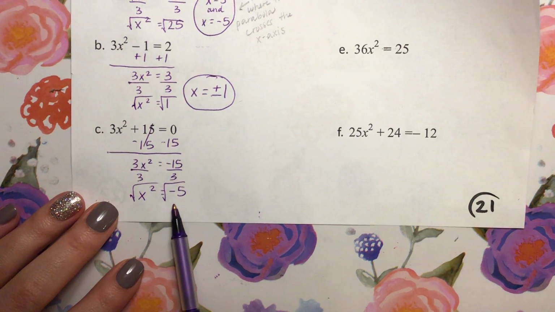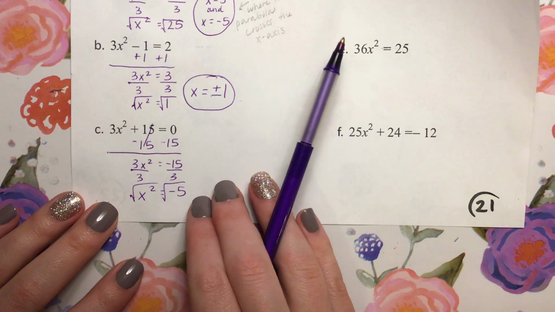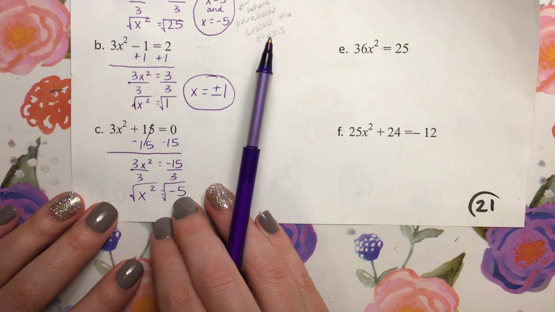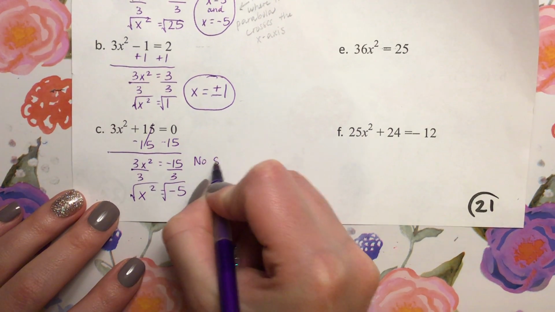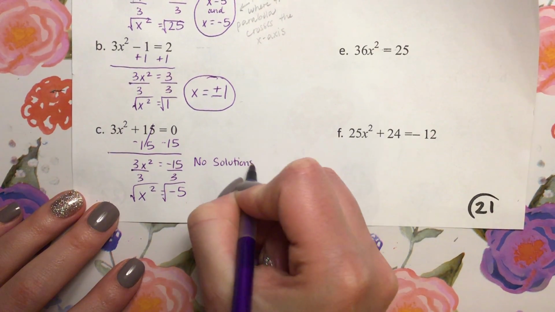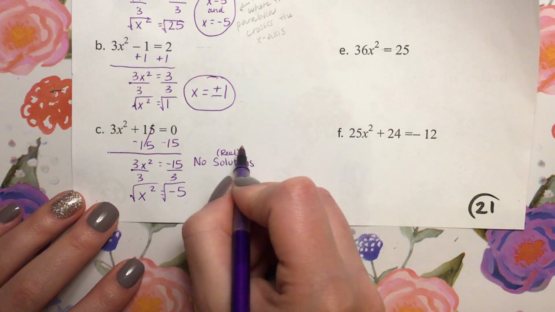And here's the thing. For two numbers to multiply to a negative, one must be positive and one must be negative. It is impossible to have the same number multiply with itself to get a negative. So that means this one has no solutions. No real solutions. I can put it like that.